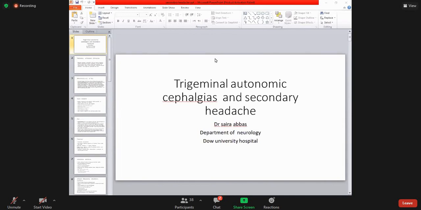However, the exact cause is not known. But we have seen in our clinical practice that patients do respond to analgesics that have a combination of caffeine, like have you heard of names like Tramol compound or Distalgesic compound? They have a caffeinated association of analgesics, so they do respond to that.